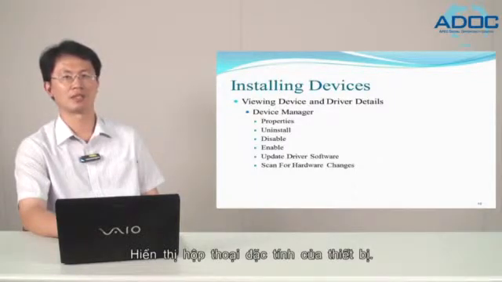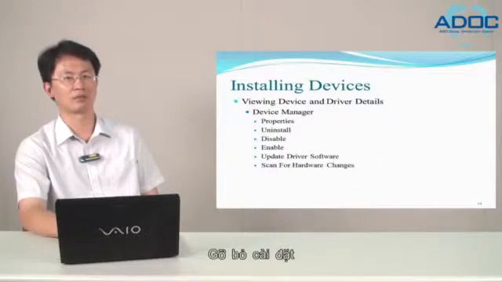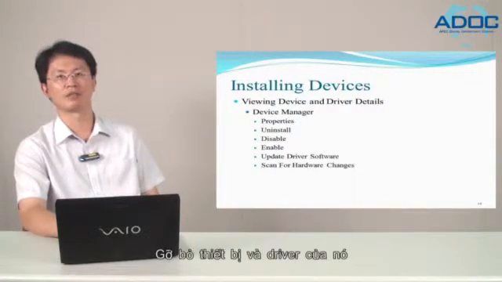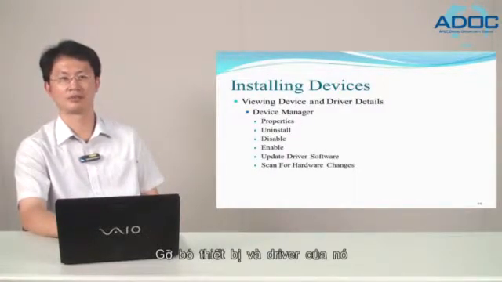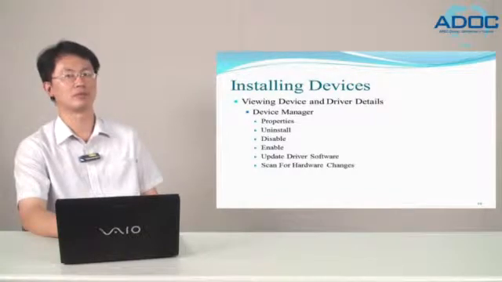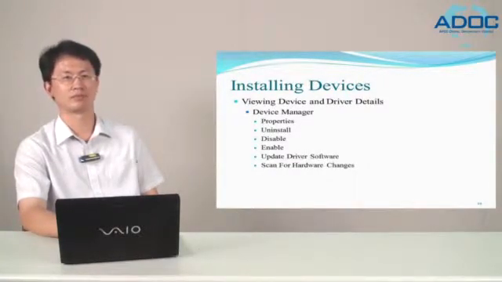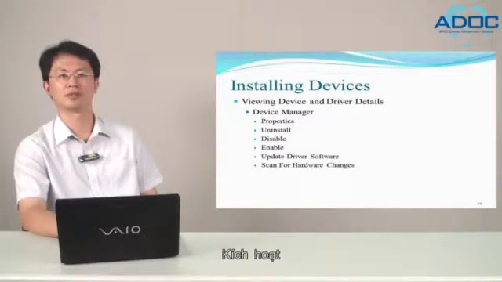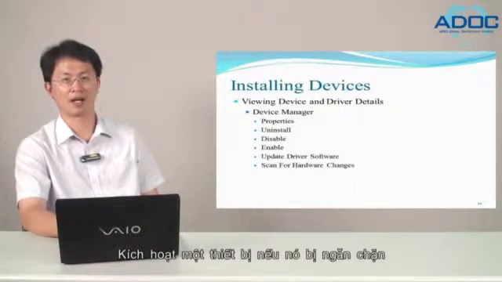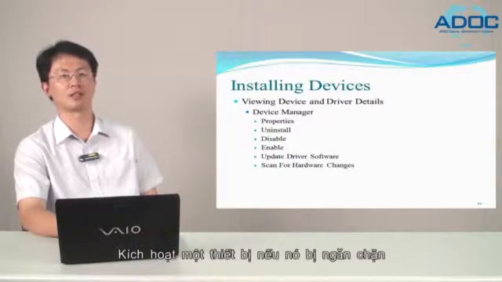Properties: displays the property dialog box for the device. Uninstall: uninstalls the device and its drivers. Disable: disables the device but doesn't uninstall it. Enable: enables the device if it isn't disabled.